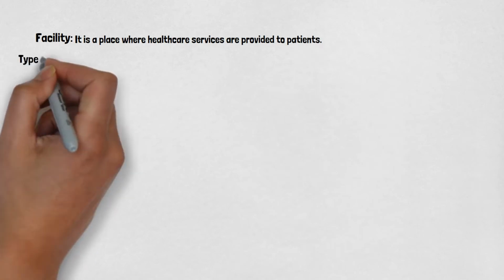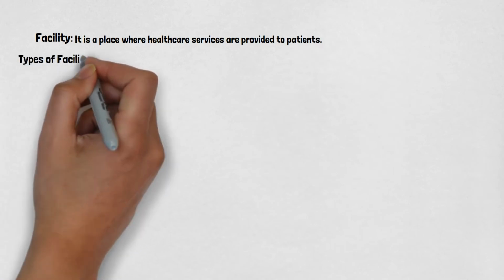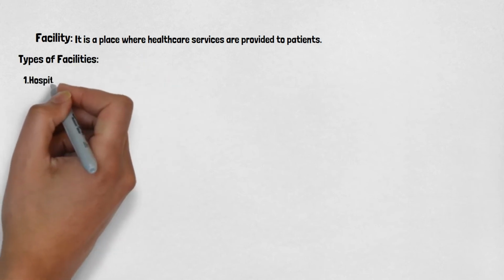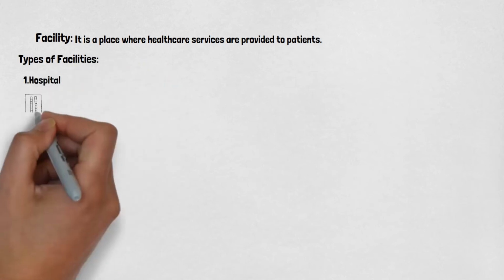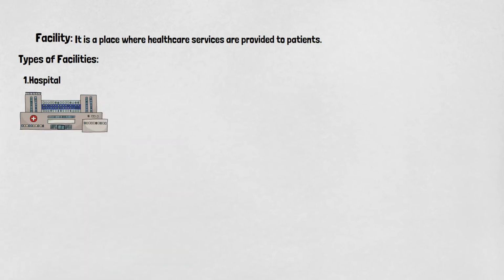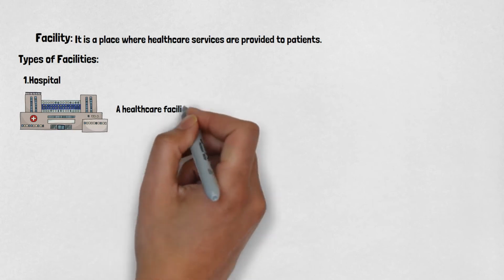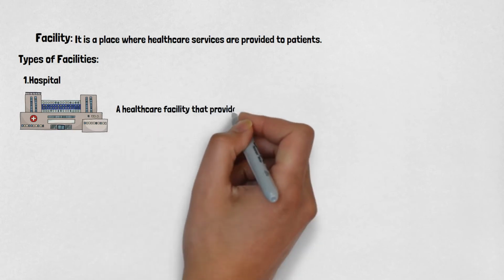The second one is ambulatory surgery center, also known as ASC. Healthcare facilities where surgical procedures not requiring an overnight hospital stay are performed.